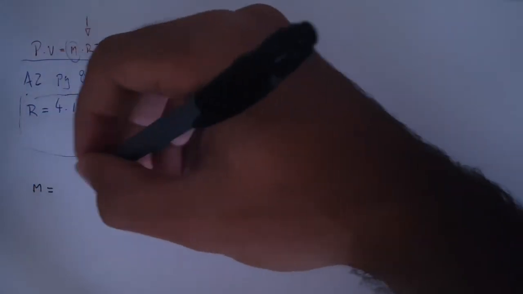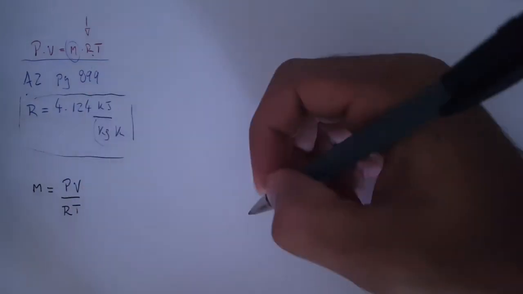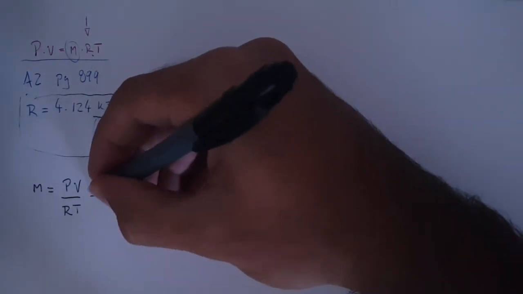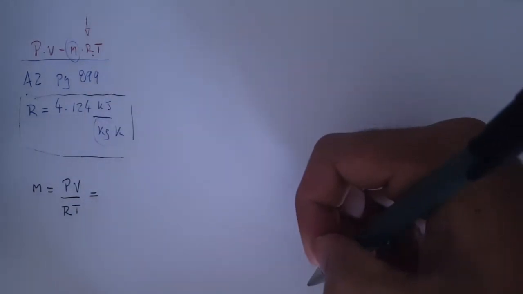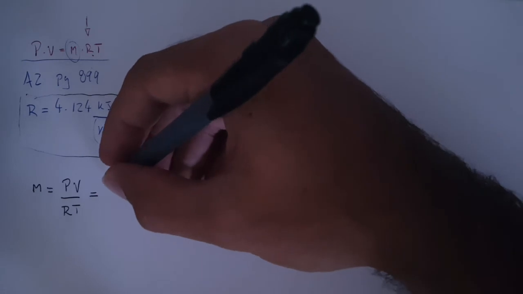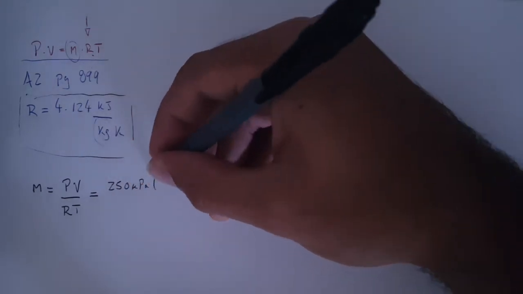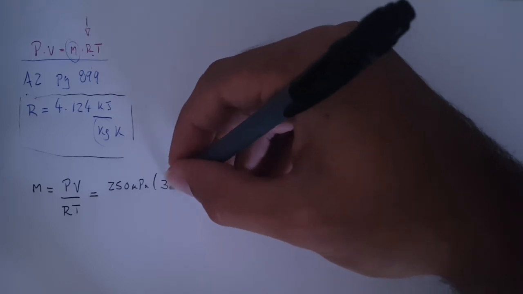So if I want to find the mass, I'm going to solve for the mass. My mass will be my PV divided by RT. I can use either first state or second state because they have to be related, so you can choose. I'm going to do the first state, so 250 kilopascals. Volume, it's 3 meters cubed.